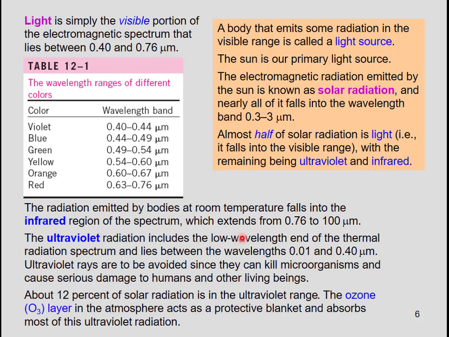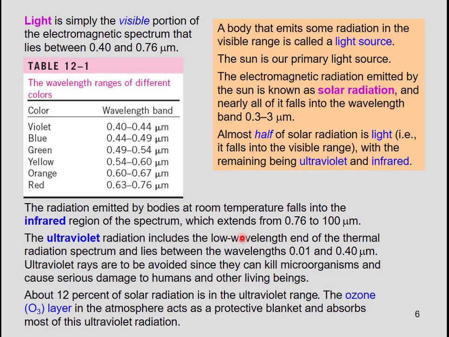As you may have heard, we can use these ultraviolet rays to kill microorganisms, but they can also cause some serious damage to our bodies. They can also kill or change the microorganisms in our body, change our cells, and cause some skin cancer.